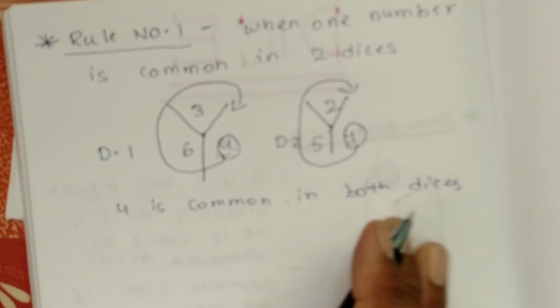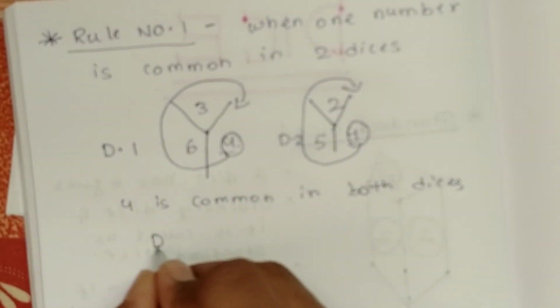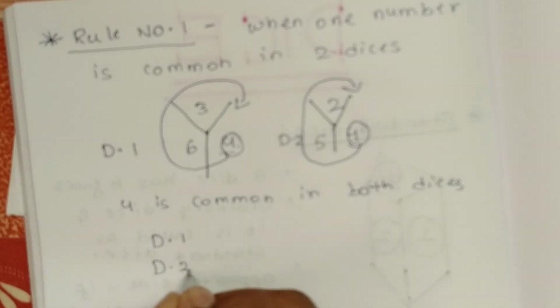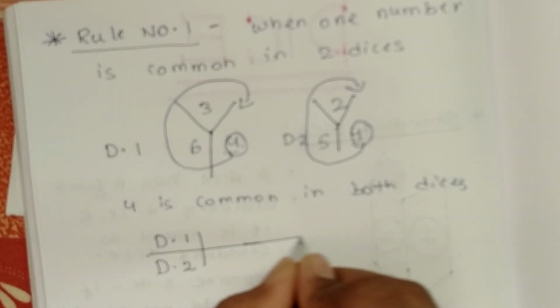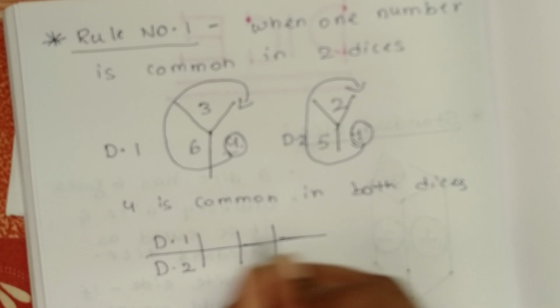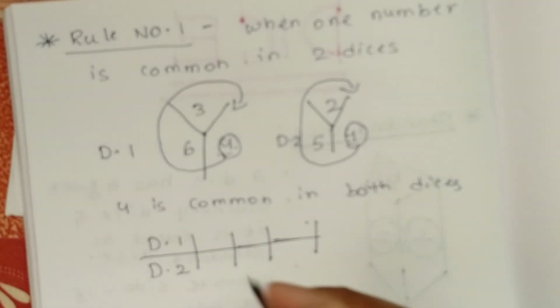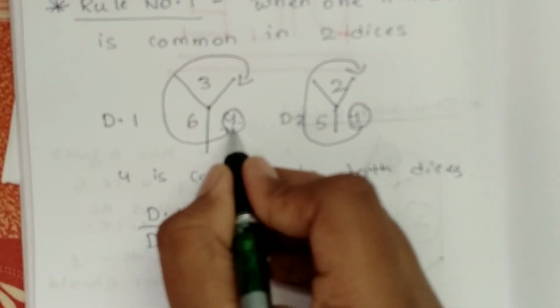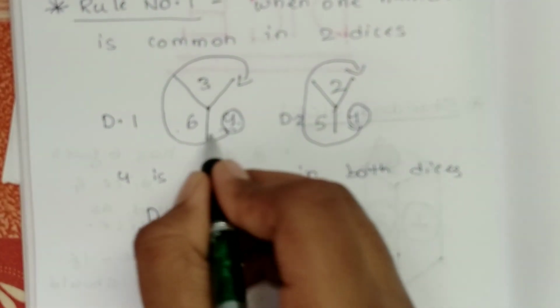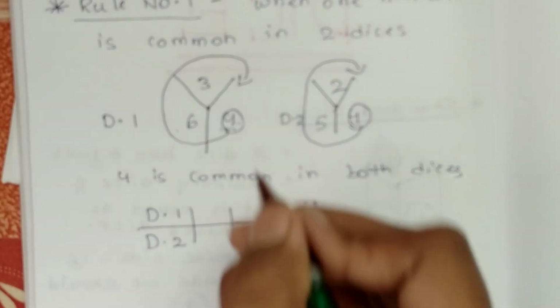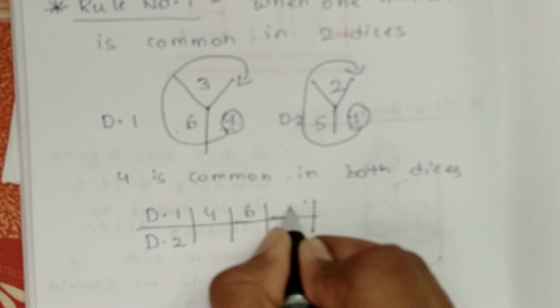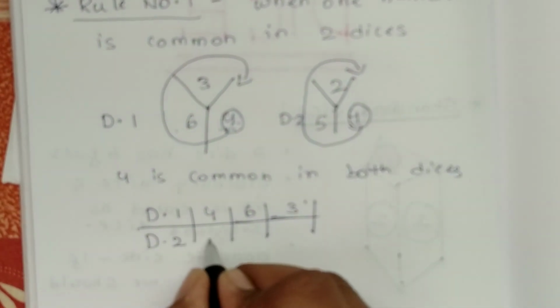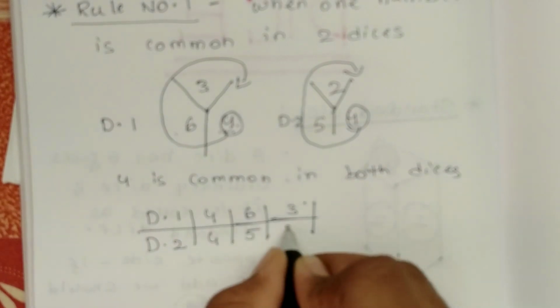After this, you have to take dice 1 and dice 2 here. I have drawn dice 1 and dice 2. In dice 1, going in clockwise direction, after 4, then 6, then 3 will come. So 4, 6 and 3, and in dice 2 we will get 4, 5 and 2.